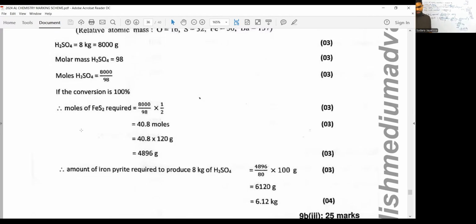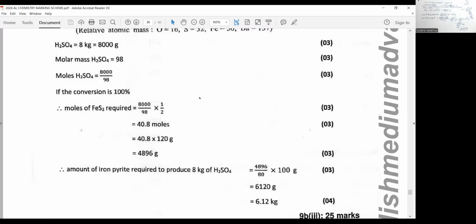Yeah, 6.12 kilograms. We got that same answer. So you can see the reason, no? Because we did the simplification at the end, that's why we got the same answer as the marking scheme. But in the earlier question we didn't do that. We did the simplification at the beginning. So that's why we end up with a slightly different answer, but still, don't worry, okay?